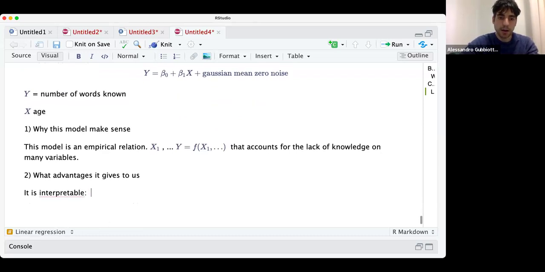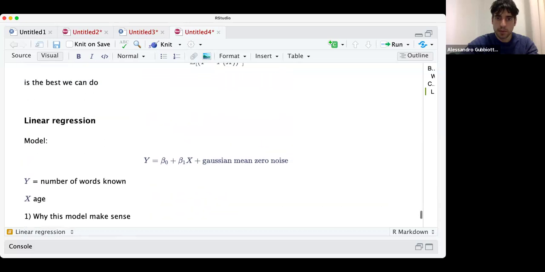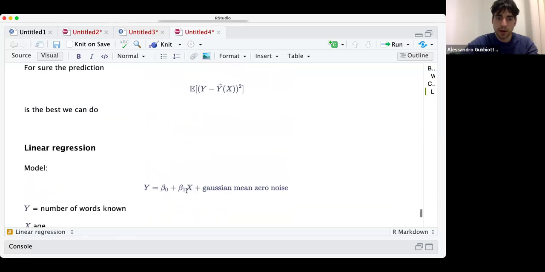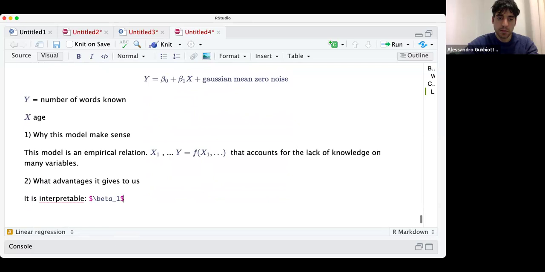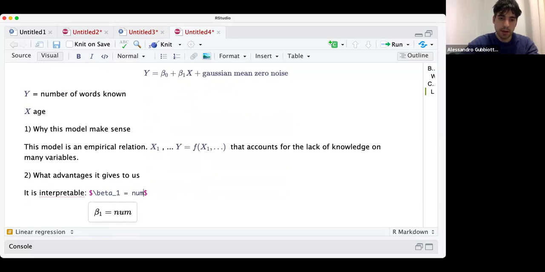Beta one is the number of words per year, let's say. This is quite interpretable.